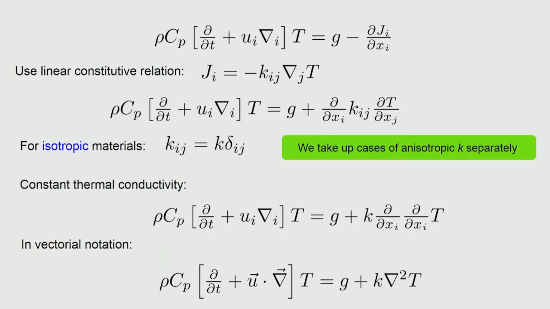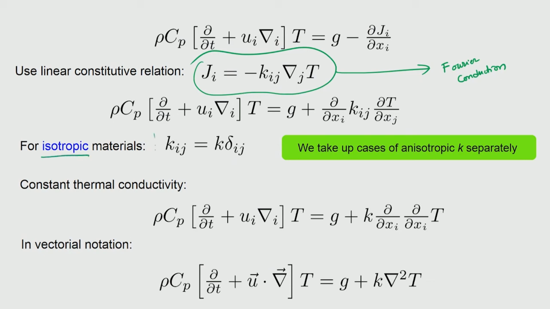Now the flux is expanded, and we have already talked about it. It is the Fourier heat conduction equation. The flux is equal to minus k into del T, where k here is a tensor of order 2. For isotropic materials we consider it as an isotropic tensor, and therefore we can write it as k delta ij.